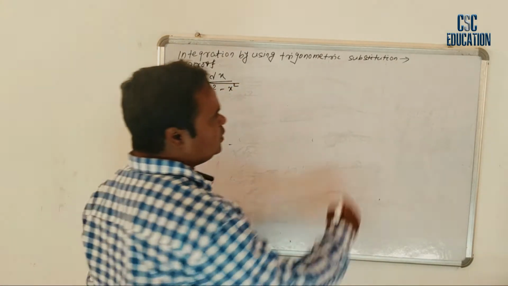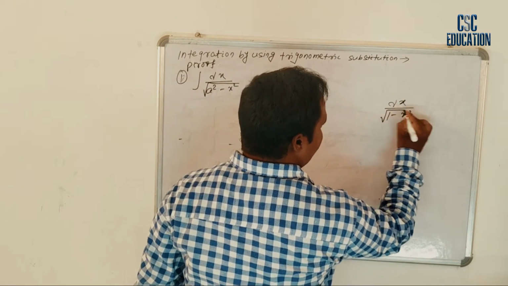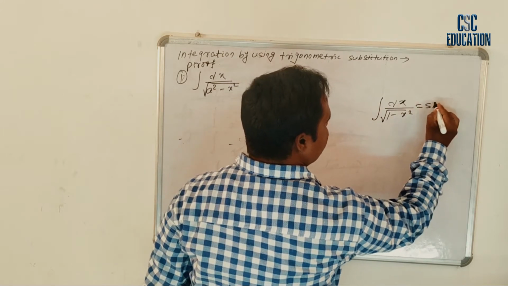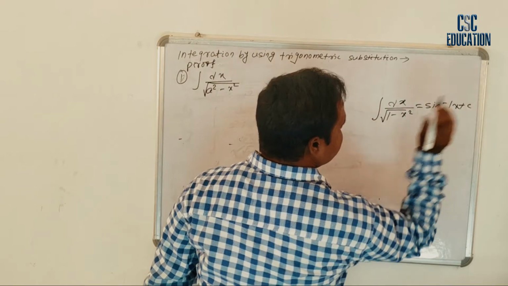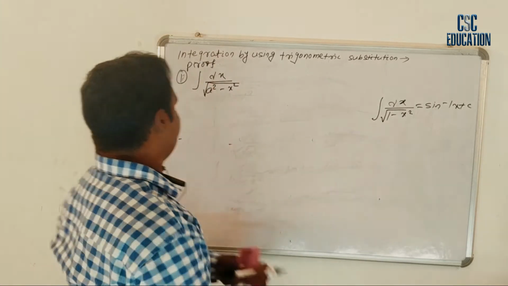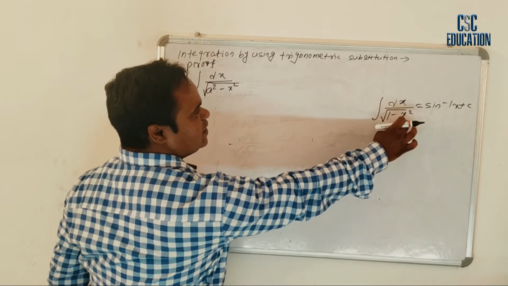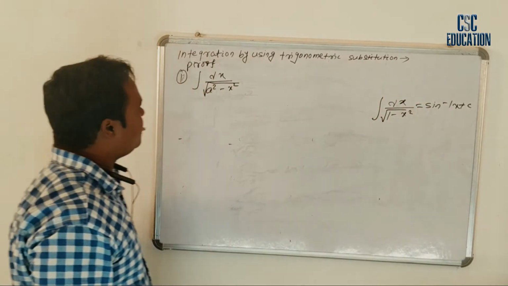First of all, we know that the integration of dx divided by the square root of 1 minus x square is sine inverse of x plus c. So here 1 is the numerical constant, here a is the constant factor, a square, and 1 minus x square means sine inverse of x.